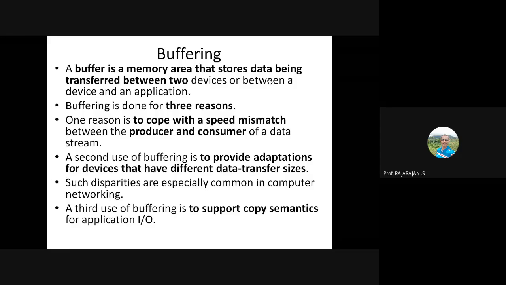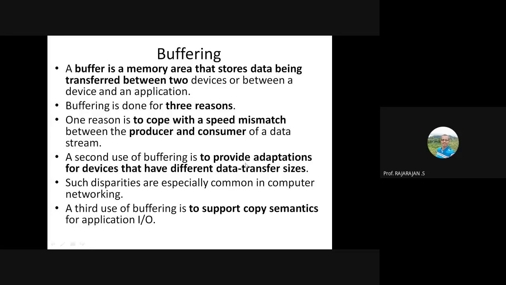I just mentioned the printer usage. The printer is a relatively slow device, and the CPU is the faster device. So clearly there is a speed mismatch, and if you don't provide a buffer between them, the CPU will have to wait for a long time to complete the printing. That is reason one, to cope with the speed mismatch.